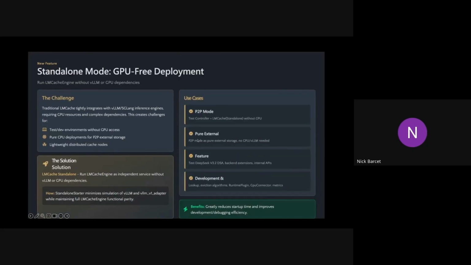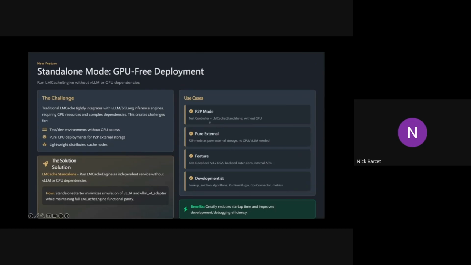Next, let me introduce an important new feature, standalone mode. Traditional MCache has been tightly integrated with VLLM, SGLang, and other inference engines, requiring GPU resources and complex dependencies. While this works well in production environments, it creates challenges for several scenarios.